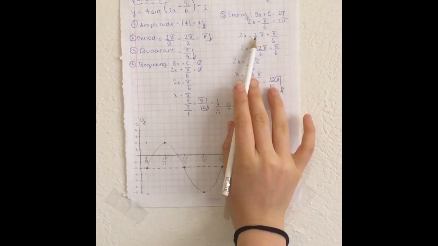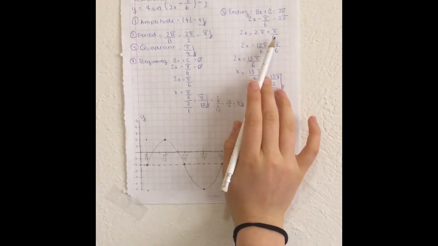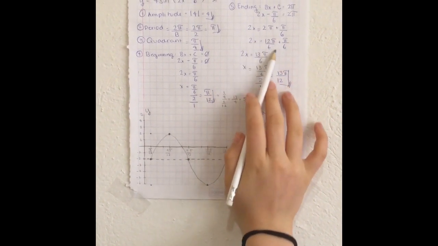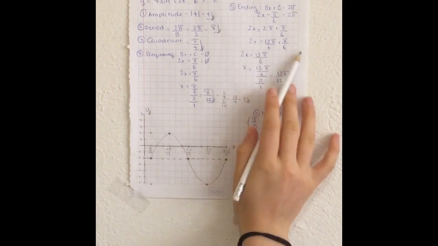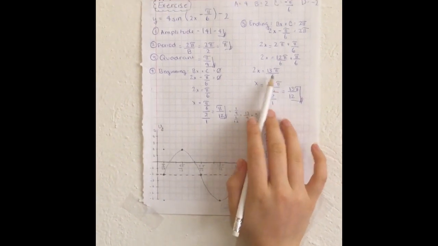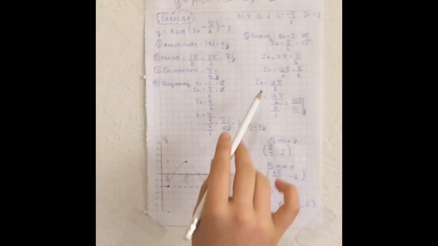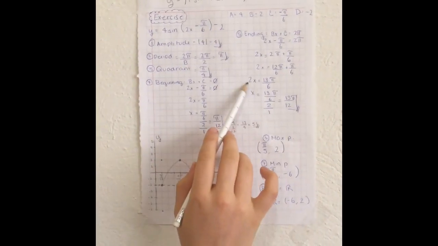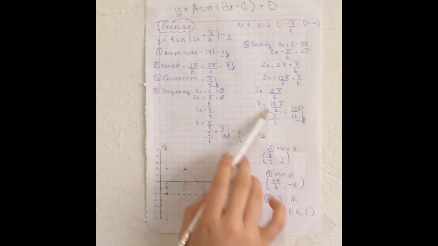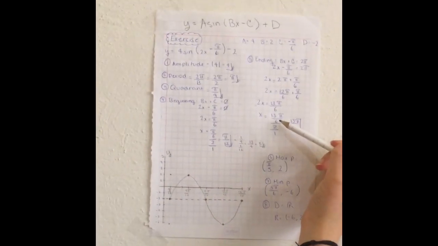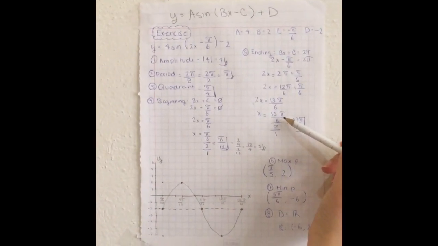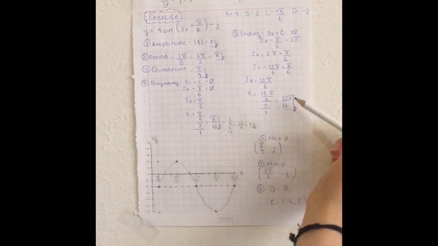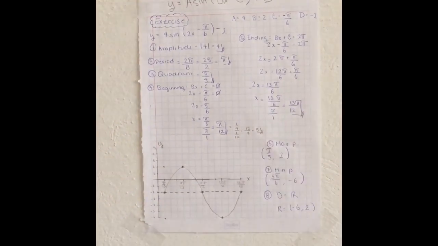As we have 2π plus π/6, we transform the 2π with this formula to make it easier, which will be 13π/6. Now, as it is a multiplication, we have to pass it dividing, and we will have 13π/6 over 2, which will be 13π/12.